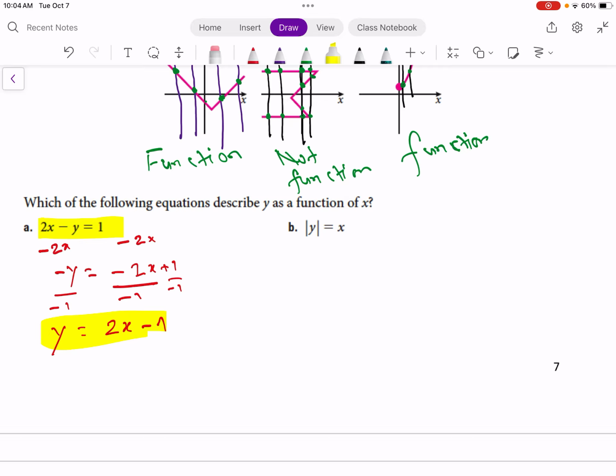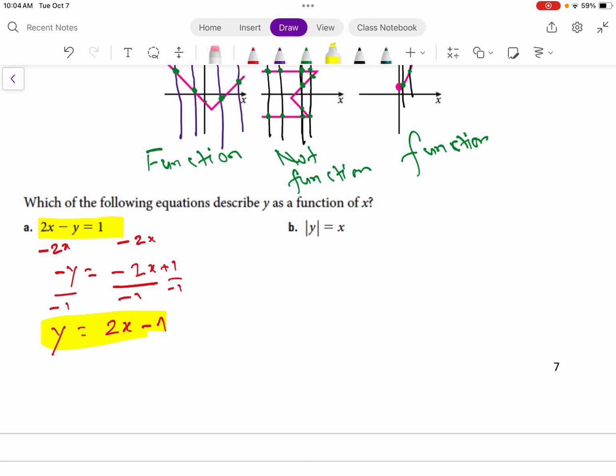Now to be a function, what we need is, for every value of x, exactly one value of y. Now for any value of x, is it possible to have two different values of y?